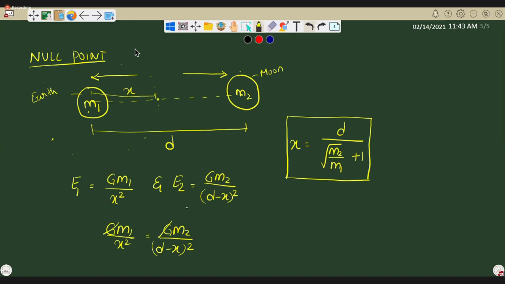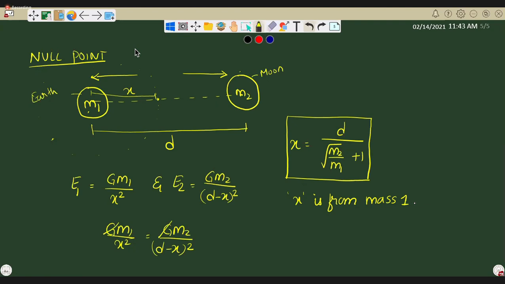Find x, it will be d divided by (under root of M2 divided by M1, plus 1). Understood? Yes, sir. So x is from mass 1. Clear? Have you taken it down?